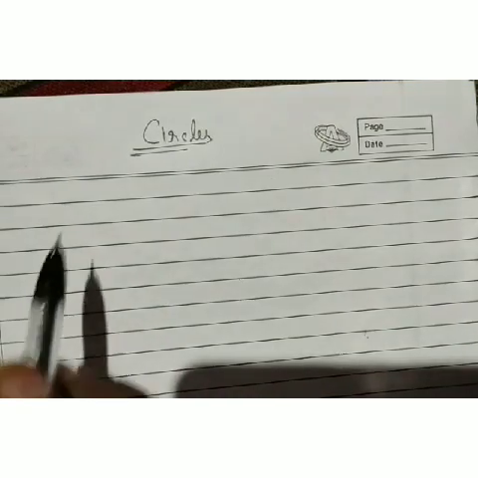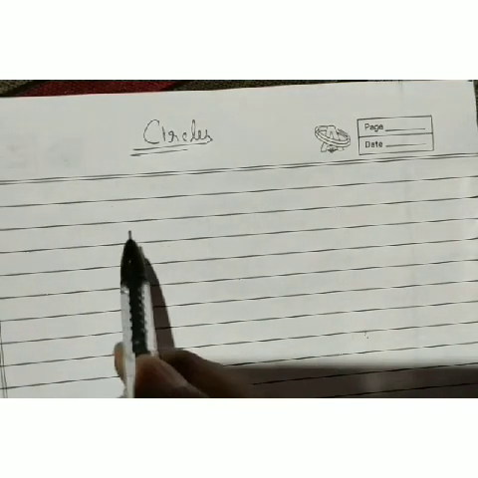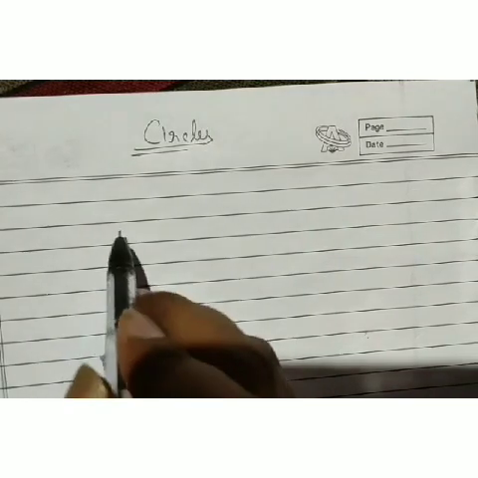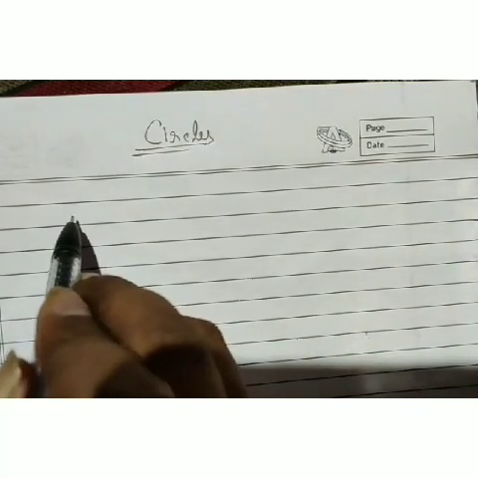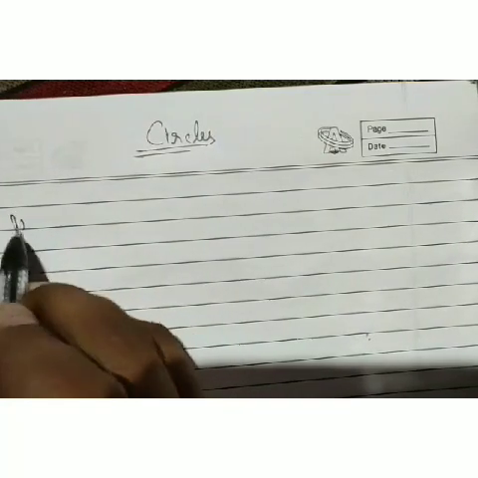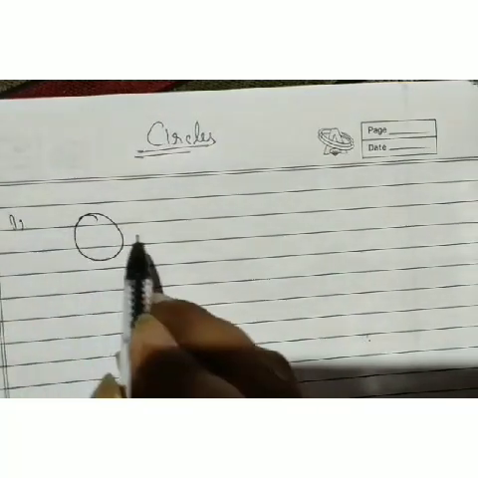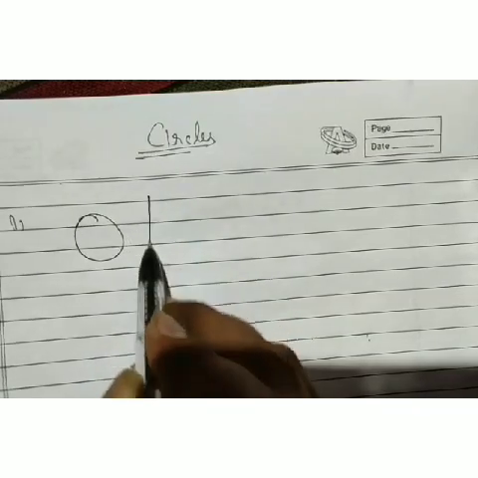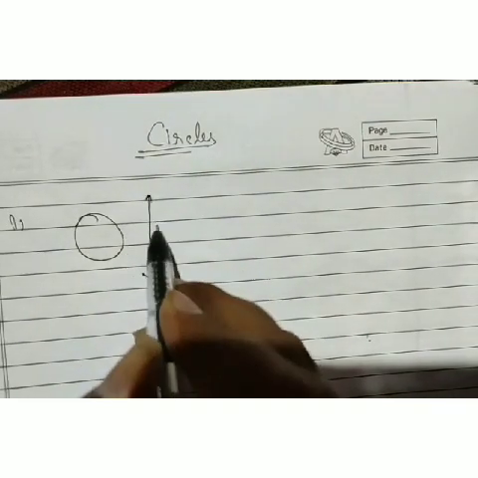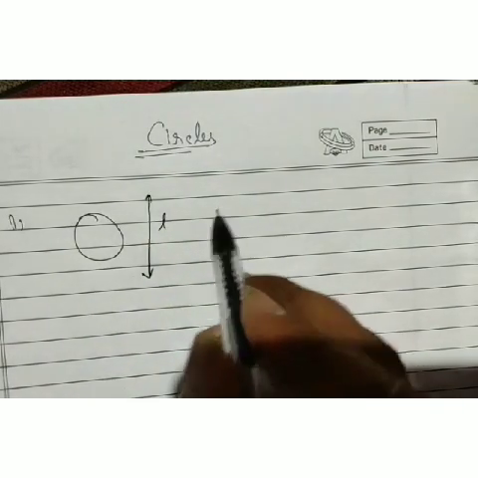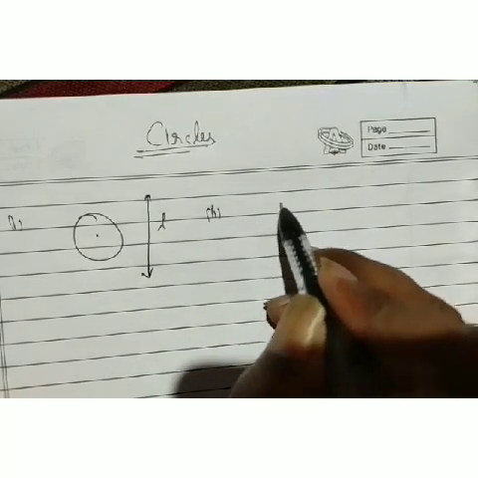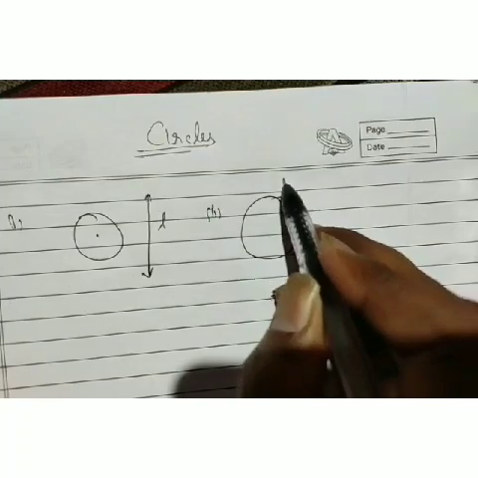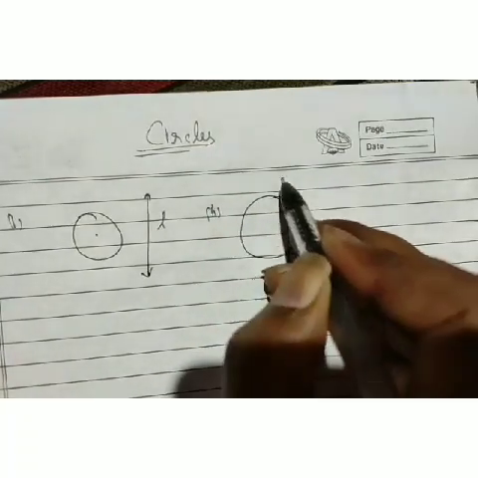Look, we have a plane. Now if a circle and a line are drawn on a plane, then we have the following three different situations. Look, our first situation is we have a circle and a line L. And second, our second situation is that we have again a circle in a plane and a line L like that.